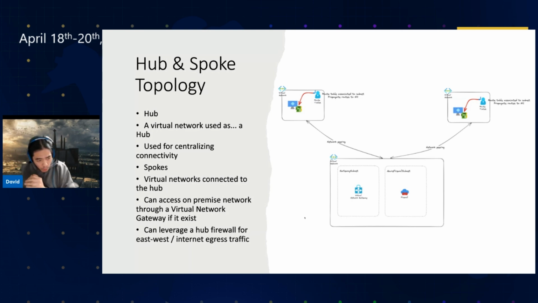Another use case for the hub and spoke, as you can see, is centralizing some firewalling, specifically for east-west traffic. If you want to have traffic between the spoke on the left and the spoke on the right, you need something to secure the flows, but also to route the flows, and that's where you need something like an Azure Firewall.